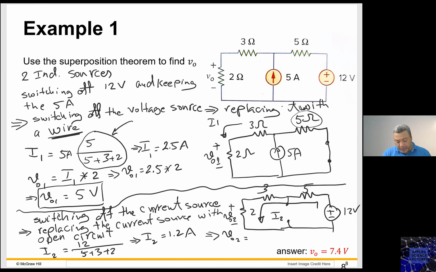It is 1.2 times 2. Then V naught 2 is 2.4 volt. And now the total V naught, which is V naught 1 plus V naught 2, equals 5 plus 2.4, which is 7.4.